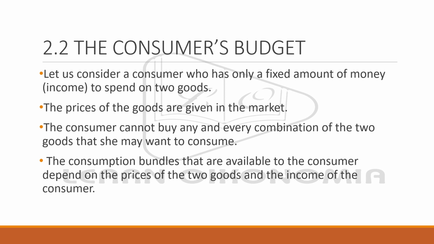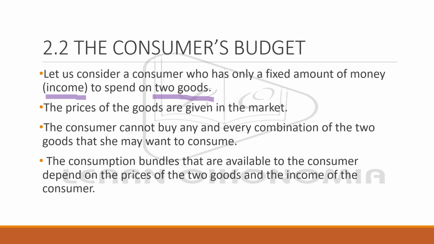Why is income required? We need an income source to spend on the two commodities. In the case of IC, we consider two commodities, and for the sake of simplicity, here also we consider only two commodities. In reality, we would deal with more than two commodities, but for simplicity we consider two.